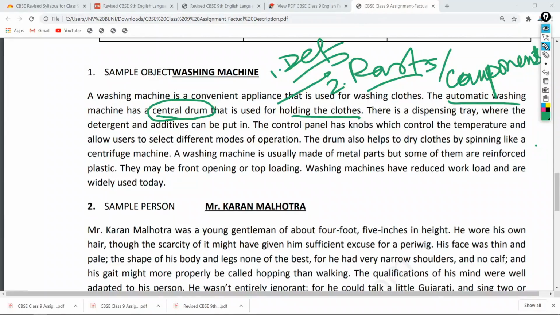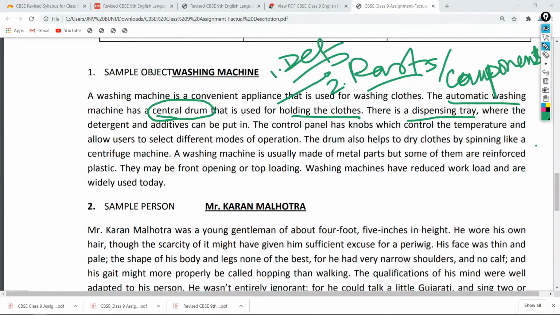There is a dispensing tray, a particular tray where the detergent and additives can be put in.